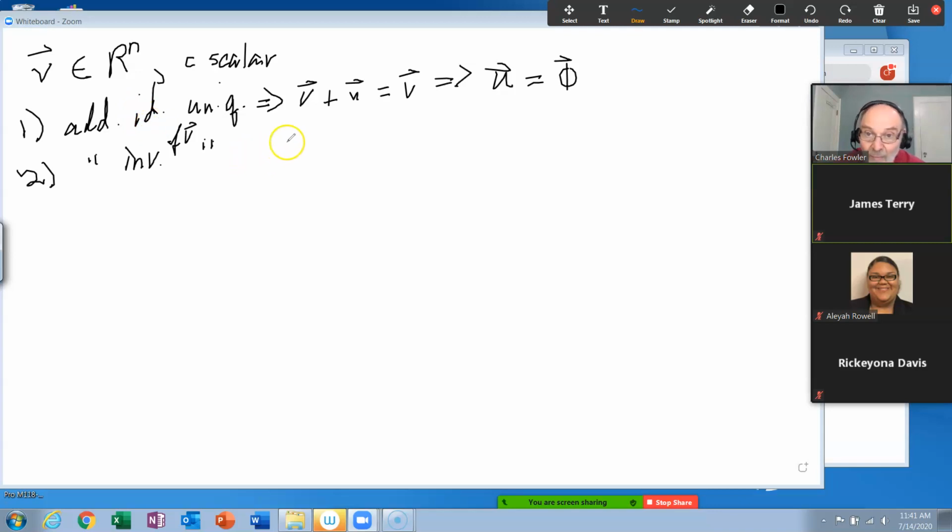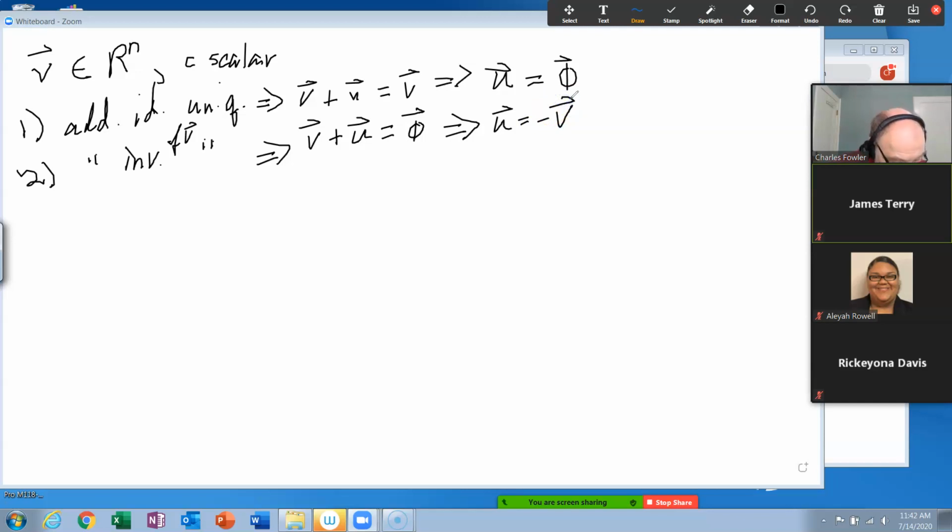What that means is that if you have V plus U, and they haven't even mentioned what U is, but U has to be a vector in Rn, and that's equal to the zero vector, then that implies, without a shadow of a doubt, that U has to be the opposite of V. There's one and only one vector that'll do that, and that would be the additive inverse.